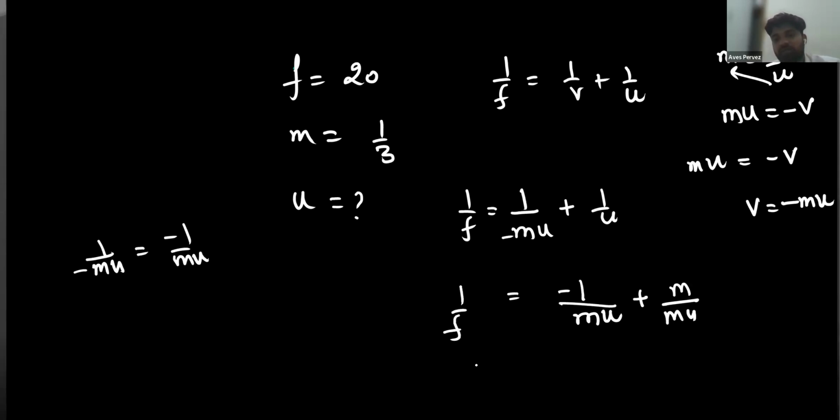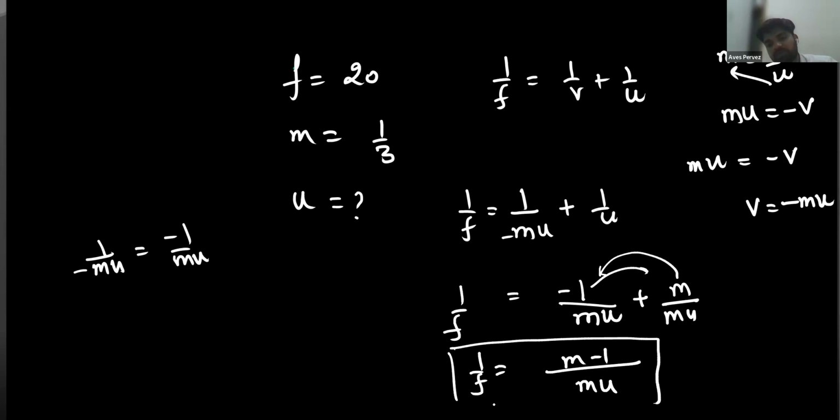So you can write 1 by f is equal to, take the LCM as mu, and bring this to this side and this to this one. So you can get m minus 1. Got it? Yes, sir. So this is the formula in terms of f, m, and u.